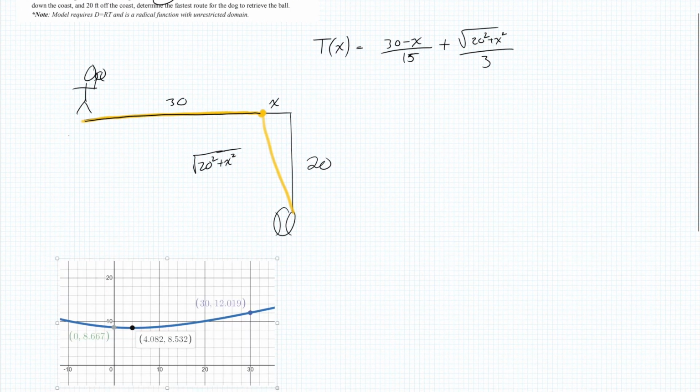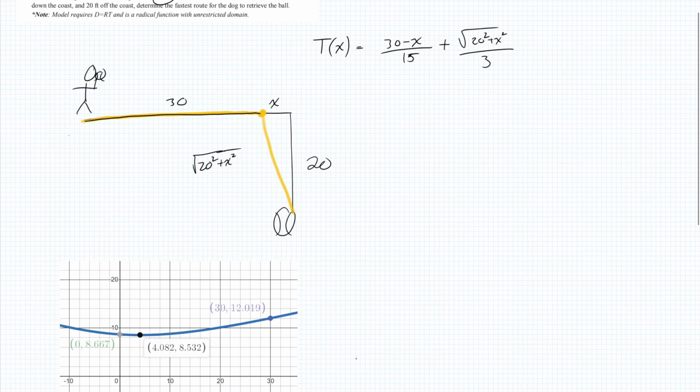So clearly the shortest time is at 4.082. And if this were an optimization problem on like an AP exam in calculus, a lot of times you would have to check the boundaries.